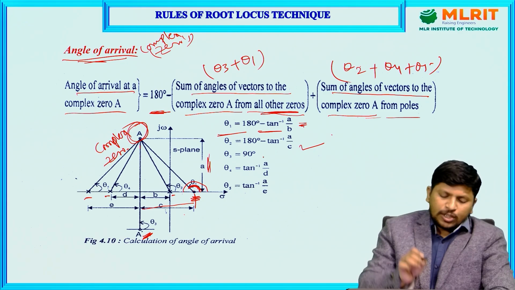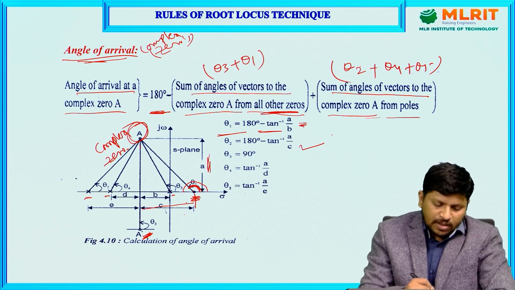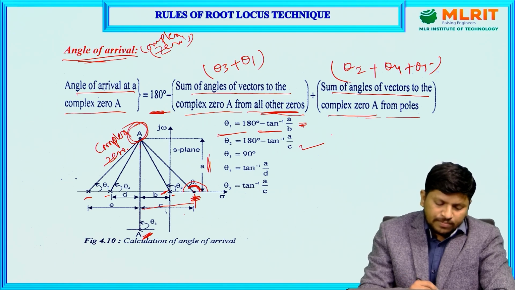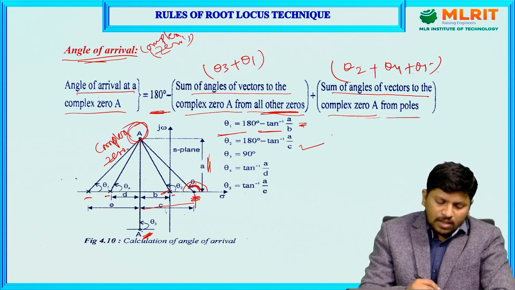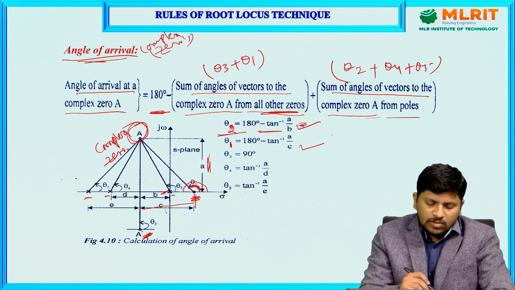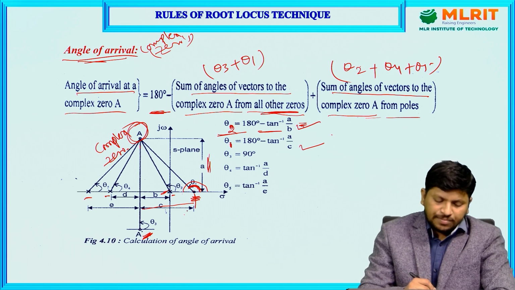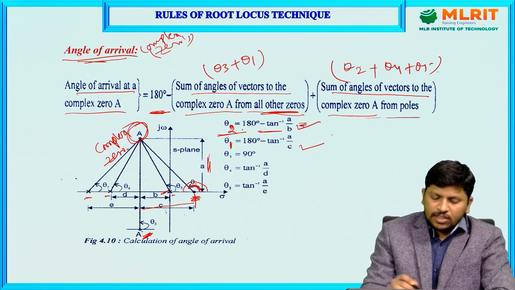Theta 2 is 180 degrees minus tan inverse of A by C. But here, for this term theta 2, it is A by B. This is theta 2, this is theta 1.